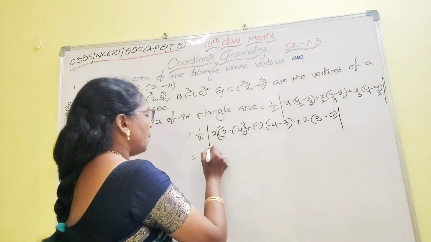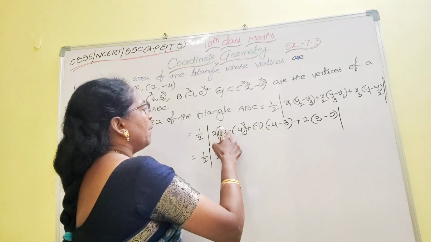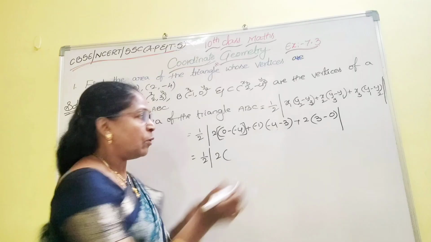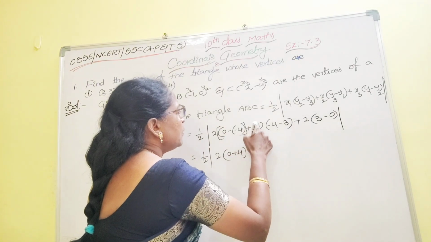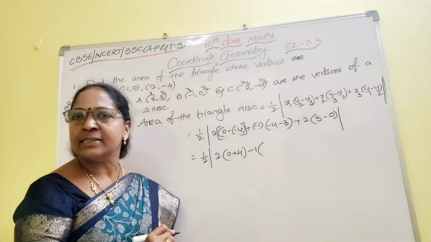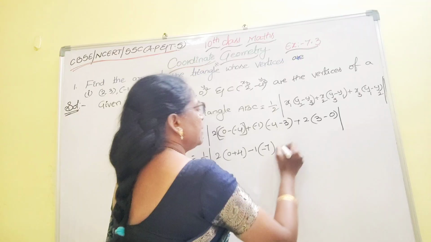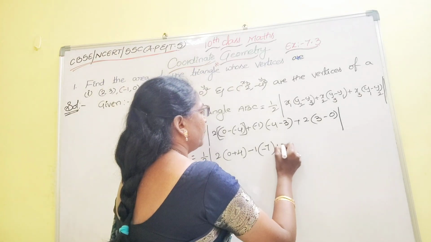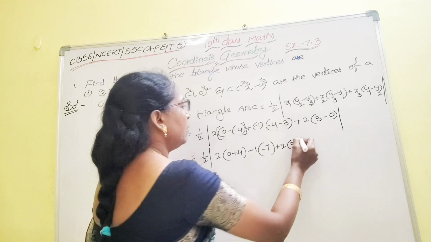Half modulus of 2 into (0 minus minus 4), that is 0 plus 4, plus minus 1 into (minus 4 minus 3), equal to minus 7, plus 2 into (3 minus 0), equal to 3, 2 into 3.